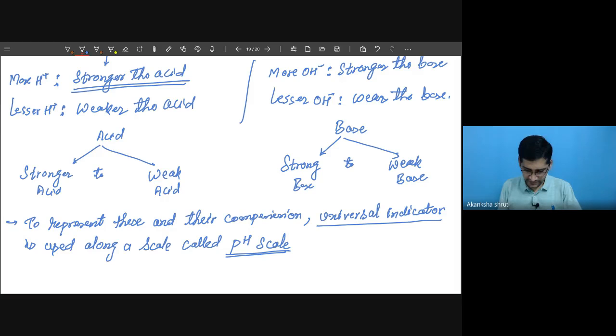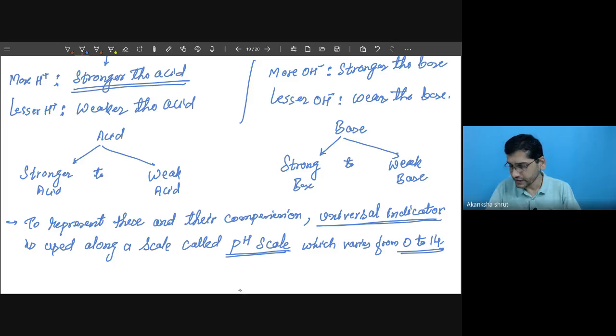Students, these pH values or pH scale is used along with this universal indicator. So this pH number varies from 0 to 14. So what is this 0 to 14?